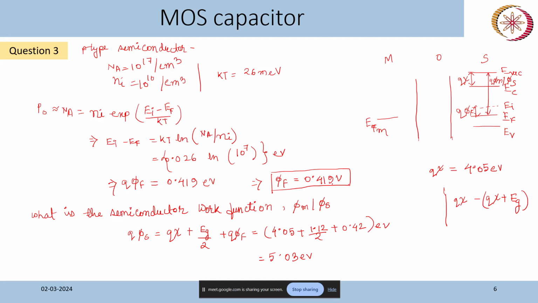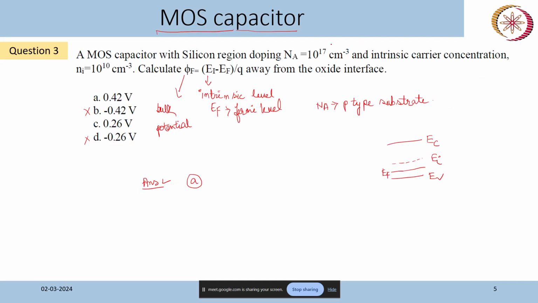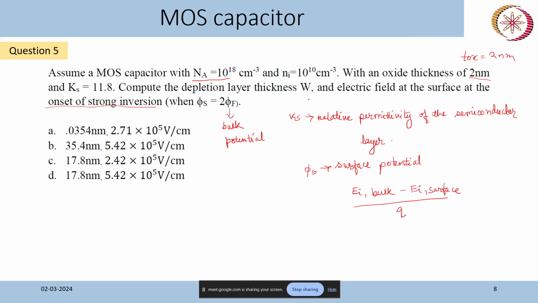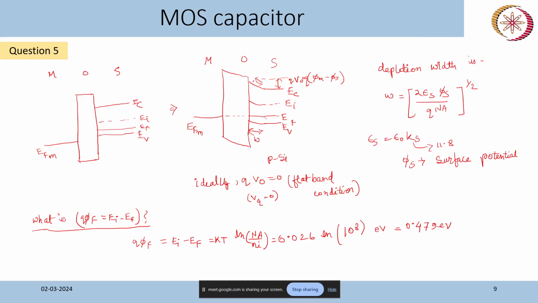Although the doping concentration here is 10 to the power 17 and in this question it is 10 to the power 18, one order different, the bulk potential values are not very different because of the logarithmic dependency.